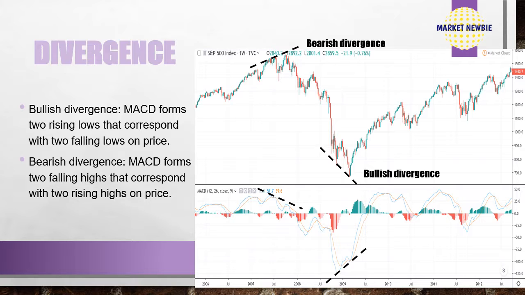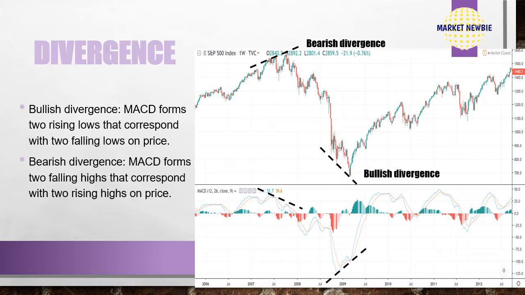The second argument that we would like to make is that we have to be prepared for what will happen after a divergence. We have to bear in mind that when a divergence appears, no matter bullish or bearish, we can expect the price will later go towards the opposite direction. However, we don't know how far it will go. The two examples here actually show how dramatically the price in the opposite direction can go, but they are not always the case.